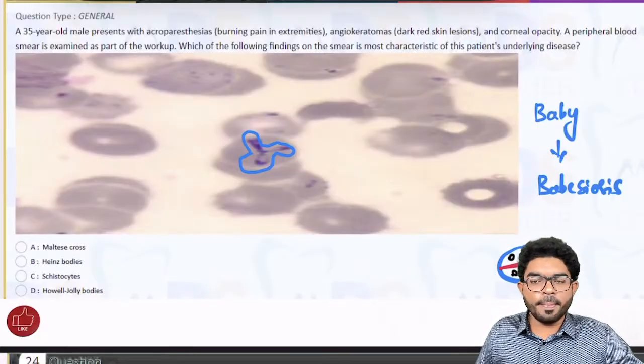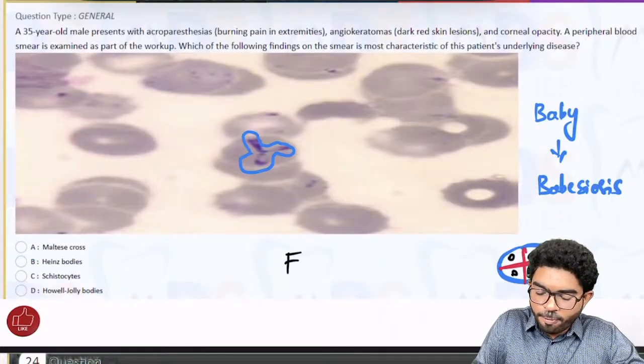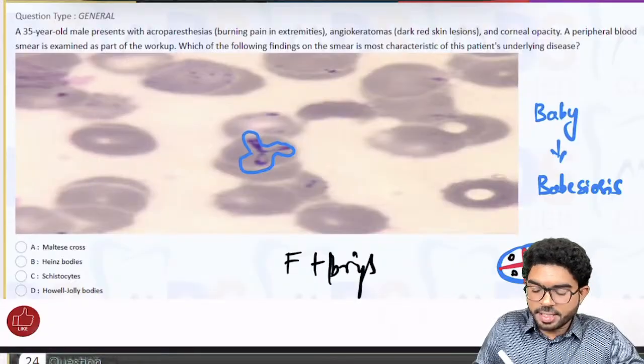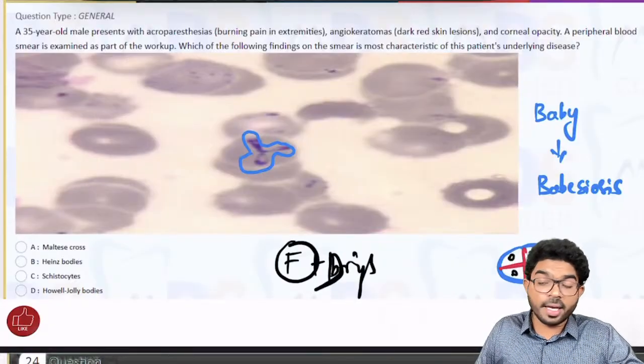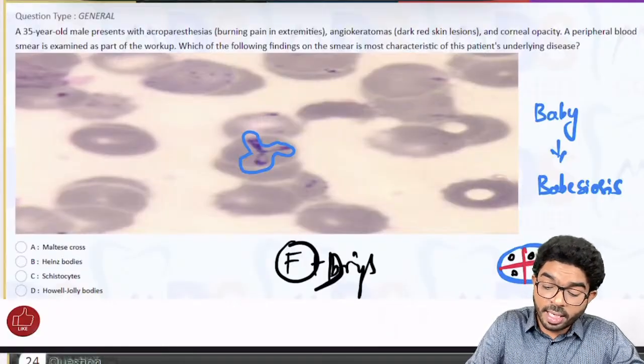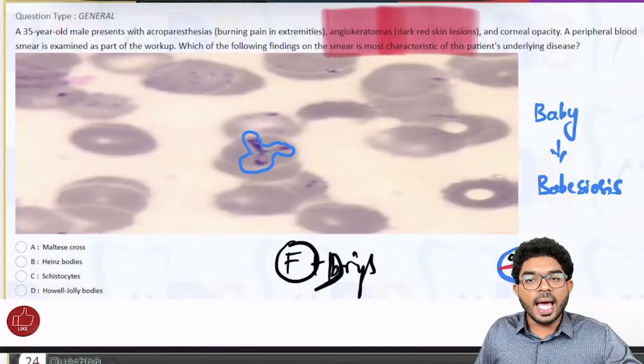I told you to remember Fabry's, as fabric plus dry. Which color fabric did I tell you to remember? I told you to remember red color fabric, and that is the reason we see angiokeratomas.